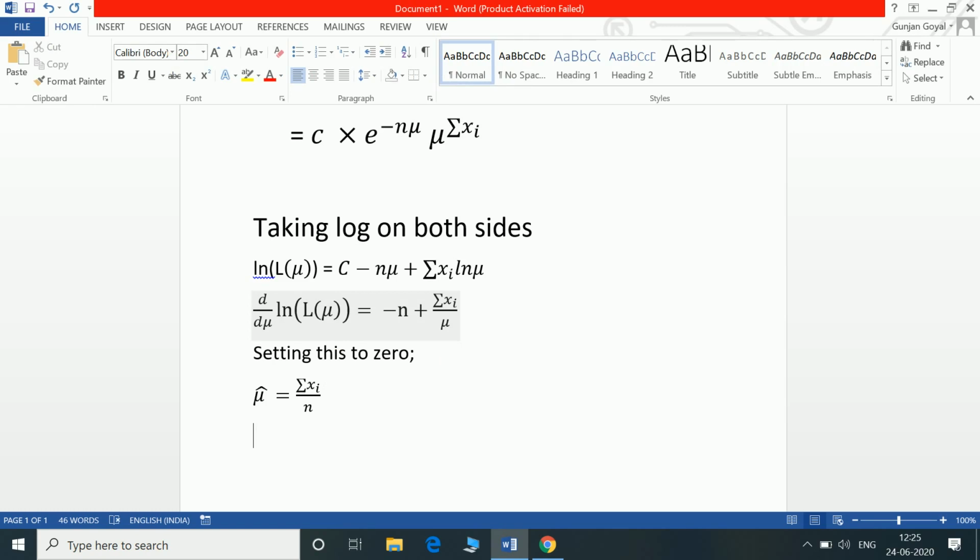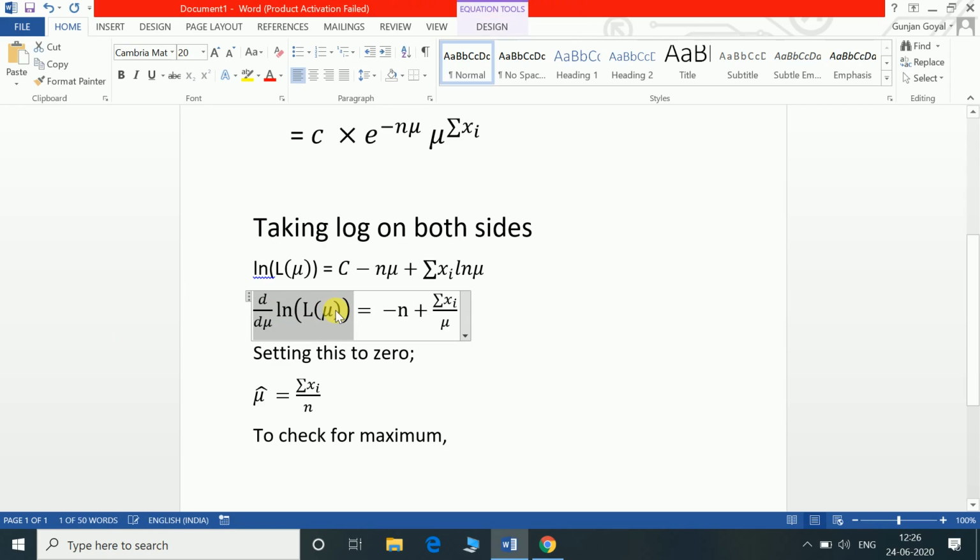Okay, and now I'll check the second derivative to check the maximum condition. To check for maximum, you take the double derivative. I'll copy this. I'll show you all, it's very easy. So copy and then write. I'll put a square, d mu square, it will become. So this has become, and above also I'll put a power sign and square. So d square by d mu square, in one step it is done, and then equal to, and I need a summation.